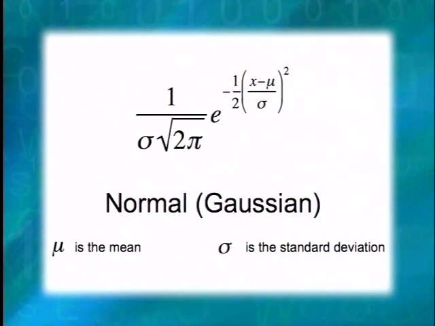But in this hard-looking description of the normal curve, there are two other letters. There's a mu and a sigma. Mu is the mean. That is to say, the center point for the bell curve. And sigma is the standard deviation. So it's a measure of how spread out the curve is.